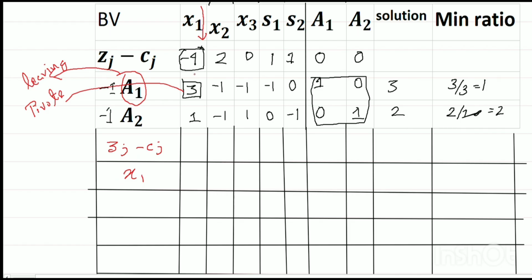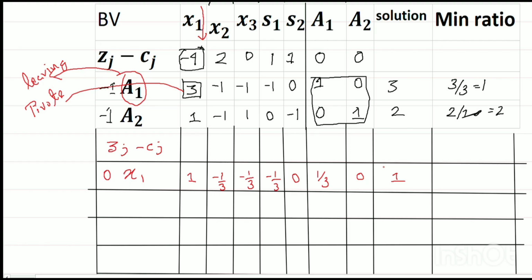X1 and the corresponding value is 0, and here 3, minus 1 by 3, minus 1 by 3, minus 1 by 3, 0, 1 by 3, 0 and 1. This is the X1.